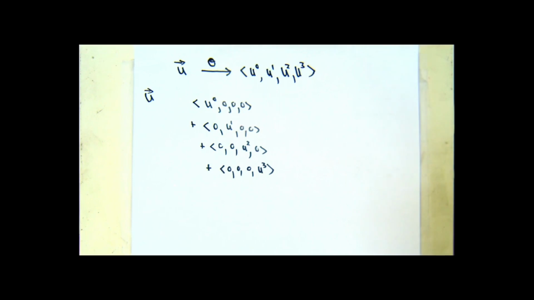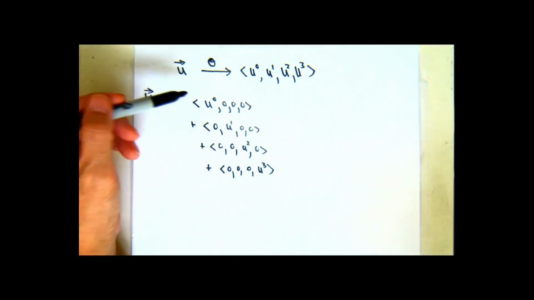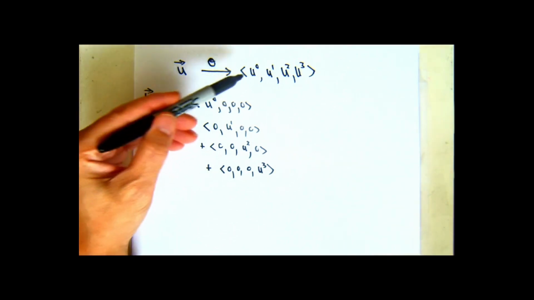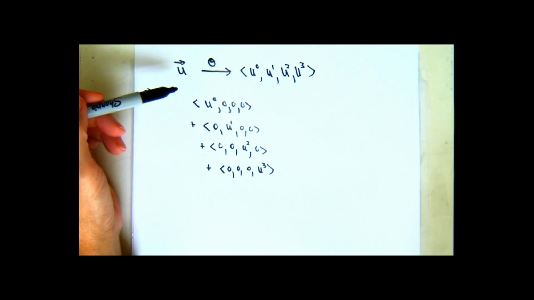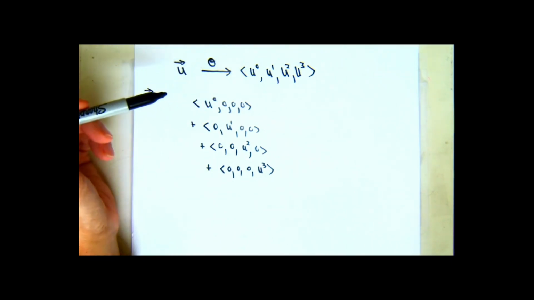When we change to a new coordinate system, the components of the vectors will change, but if you think very carefully about it, u0 is the initial component of vector u as measured by O. No one else can tell O that he didn't measure what he measured.